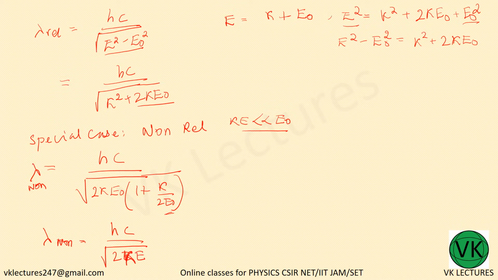And what is E naught? E naught is equal to m naught c square. So that's equal to hc divided by under root 2K m naught c square. So this c square with an under root becomes c.